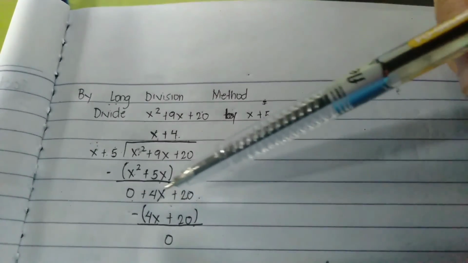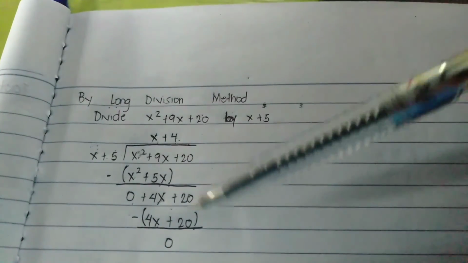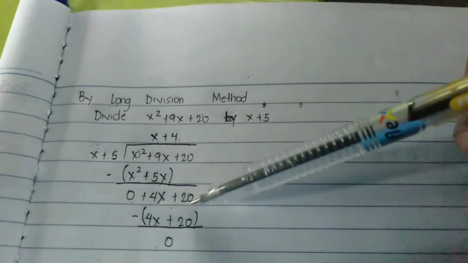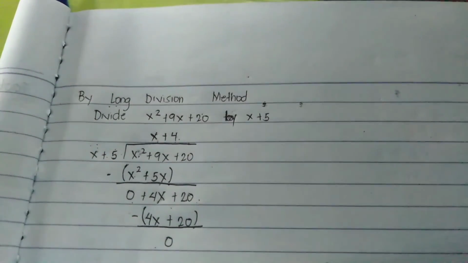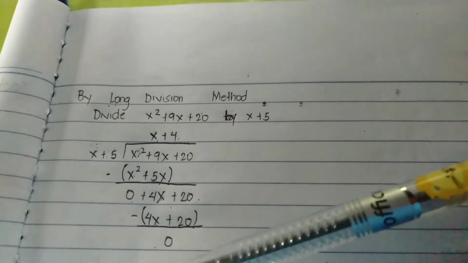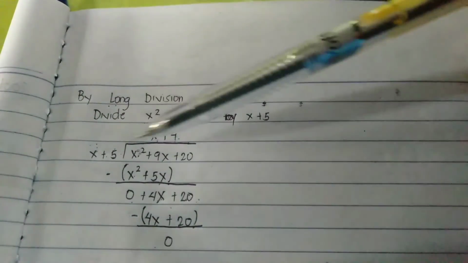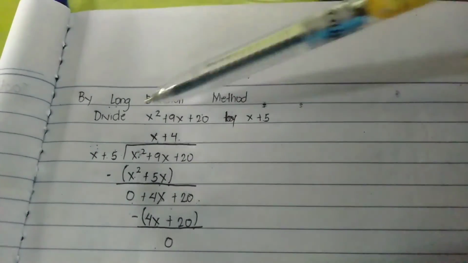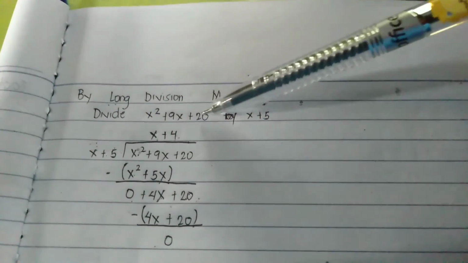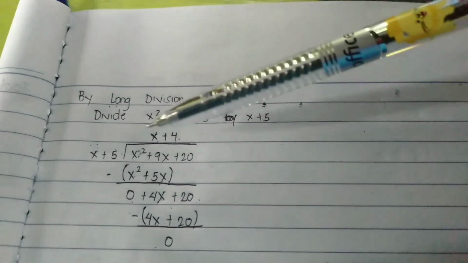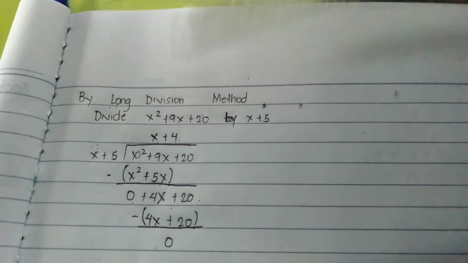Then subtraction, 4x minus 4x is equal to 0. Then 20 minus 20 is 0. Since the answer is 0, there is no remainder. And we can say that when you divide x squared plus 9x plus 20 by x plus 5, the answer is x plus 4.